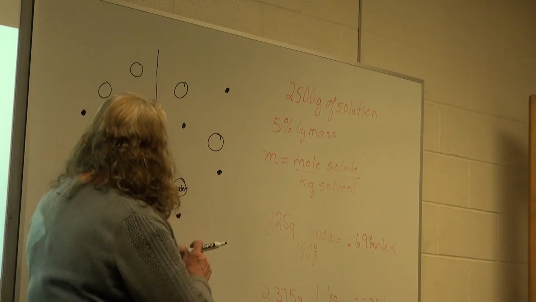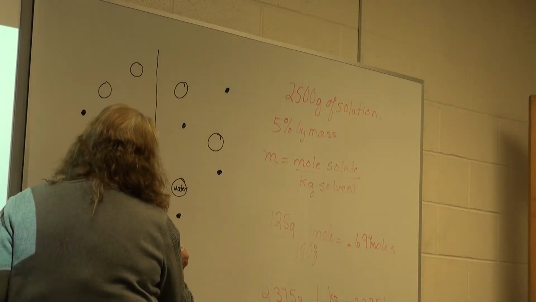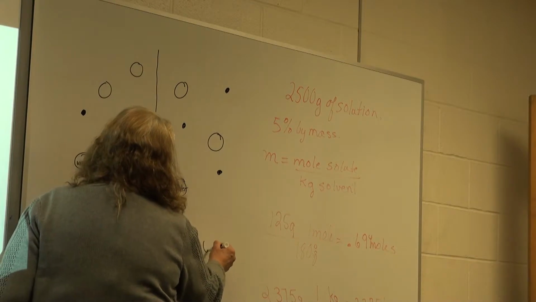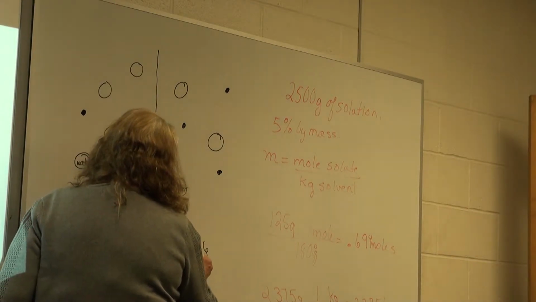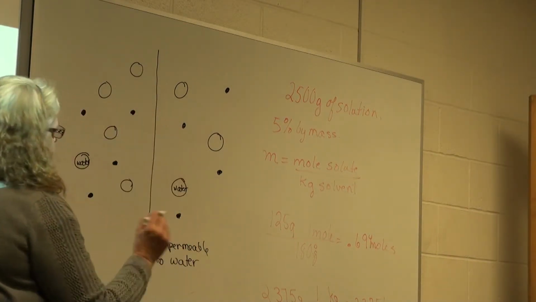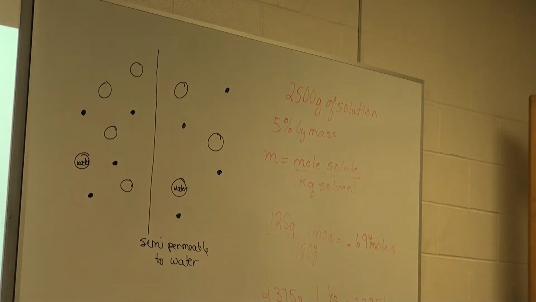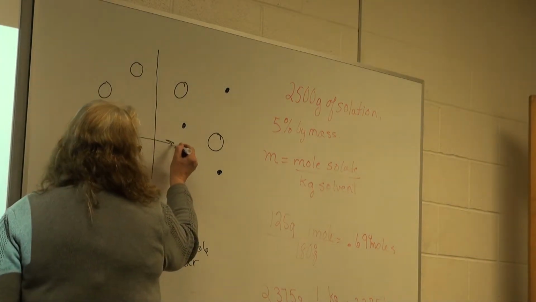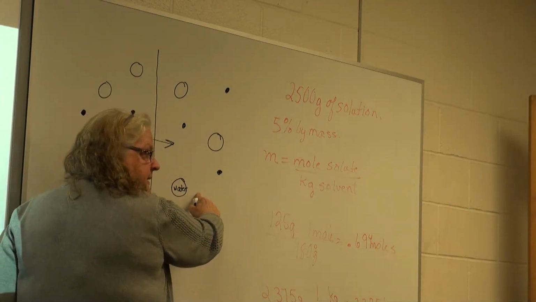So if this is a semi-permeable membrane that allows water to cross, which way is the water going to go? To the right or to the left? To the right. I'm going to have a net flow over this way because I have fewer water molecules.